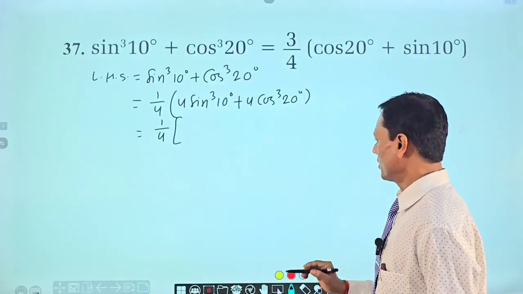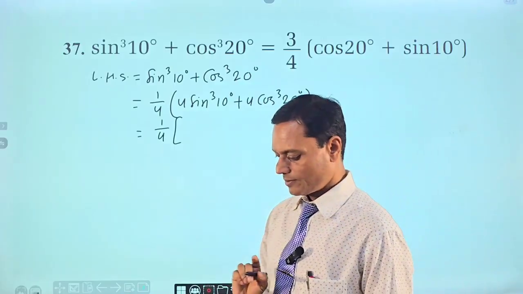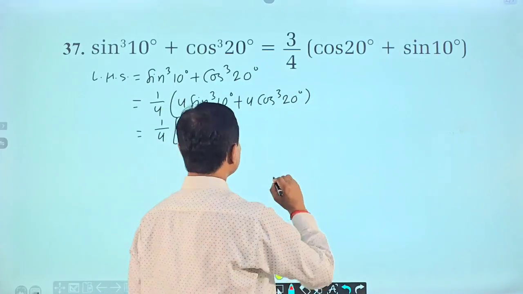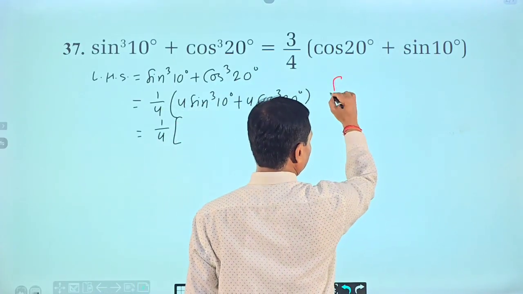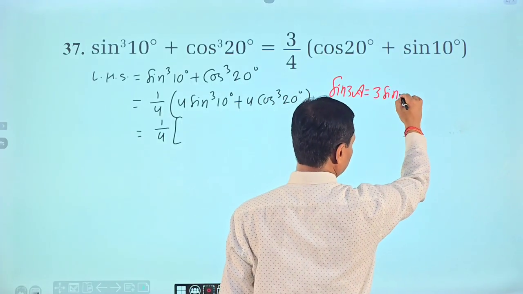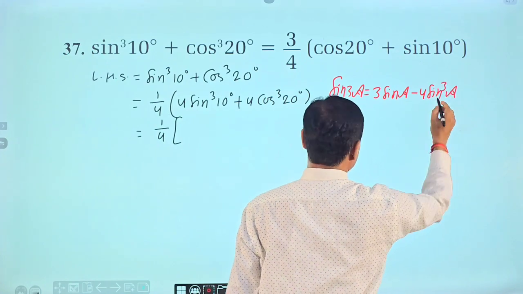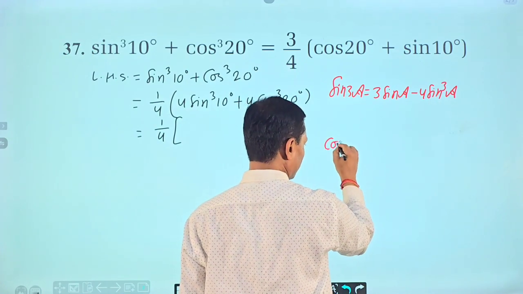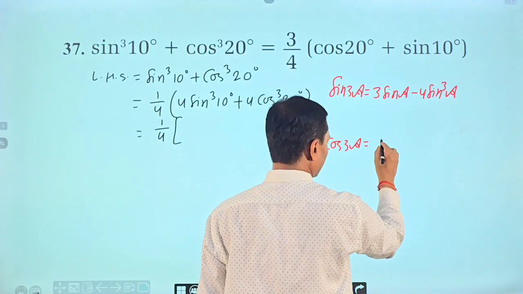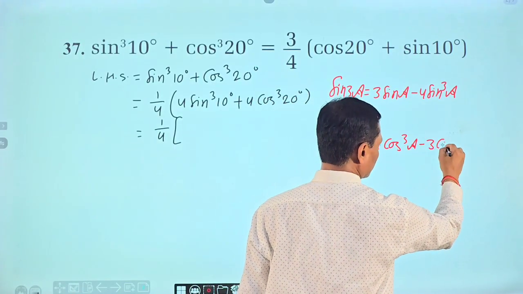So remember one formula. I'm just going to write the formula here. Sine 3a equals 3 sine a minus 4 sine cube a, and cos 3a equals 4 cos cube a minus 3 cos a.